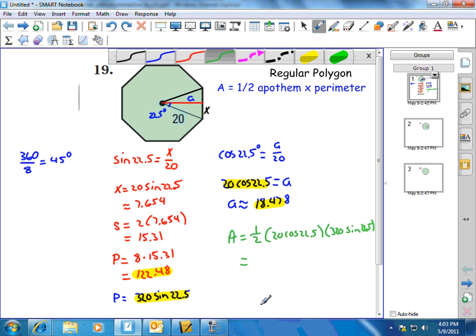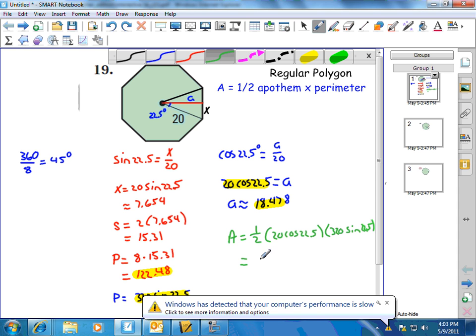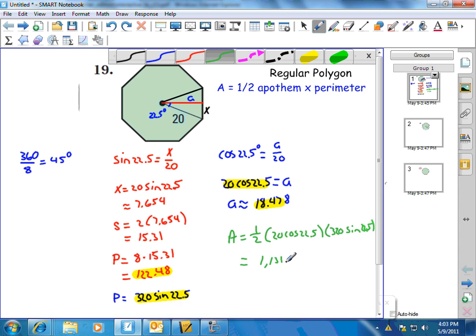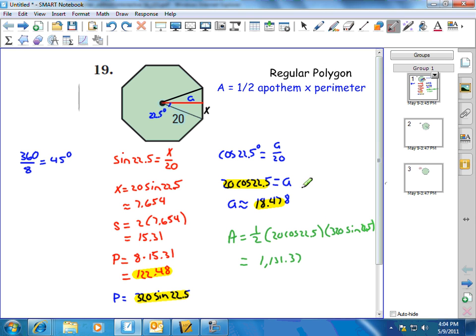We could just do 0.5, and I'm going to use parentheses to make sure I don't get any of my operations wrong: 20 cosine 22.5, close parentheses, times open parentheses, 320 sine 22.5. And I get 1,131. I'm going to round to the nearest hundredths, 0.37. All right, so there is my answer for the area of this regular octagon.